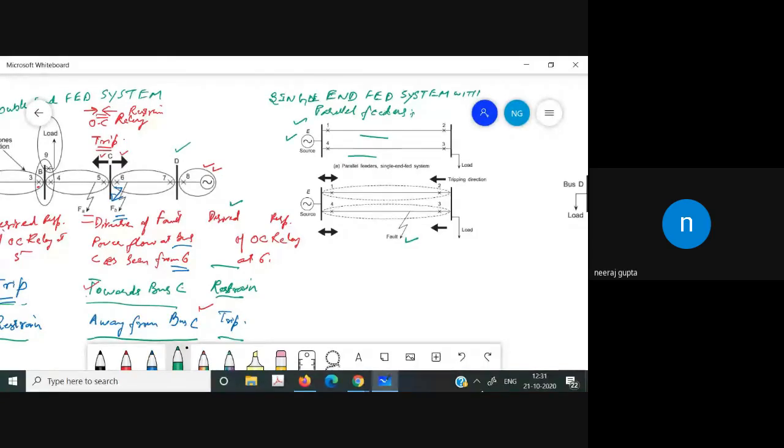Now, let us suppose that a fault takes place at this line, that is, the one connecting 4 and 3. So let us suppose in the second line the fault takes place. In that very case, the fault is fed not only from the faulty line but from the healthy line as well. That is, this line is also feeding the fault.